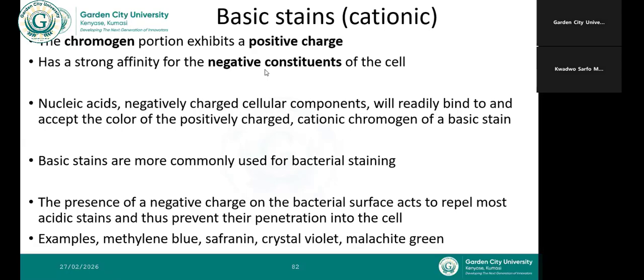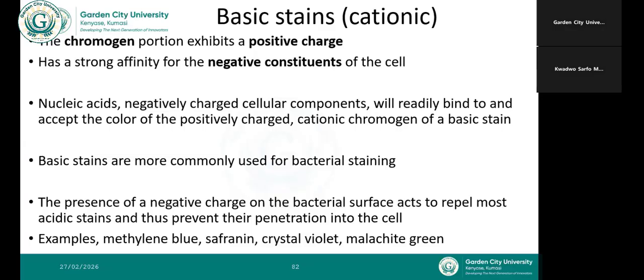So is there any difference between stains and dyes? A dye can stain technically anything, but the technical word is stain. So a dye can impart color to anything.